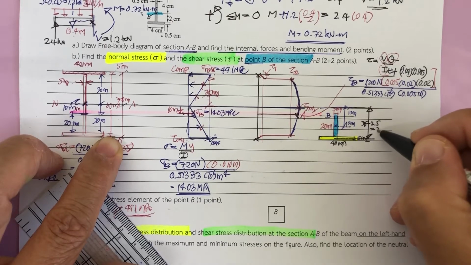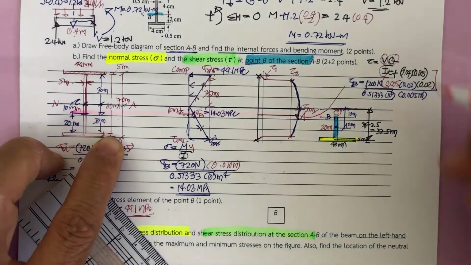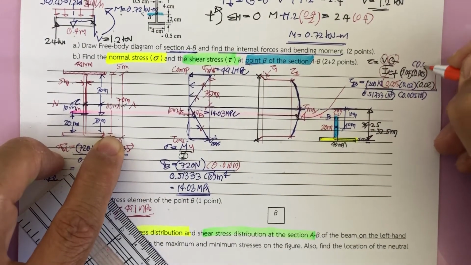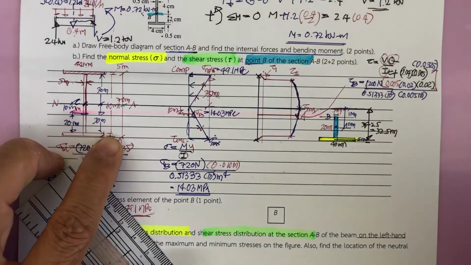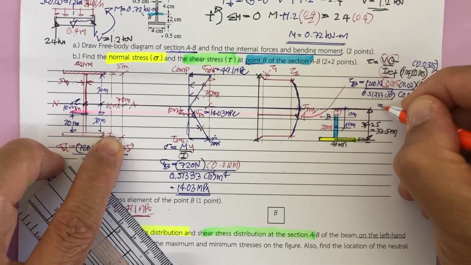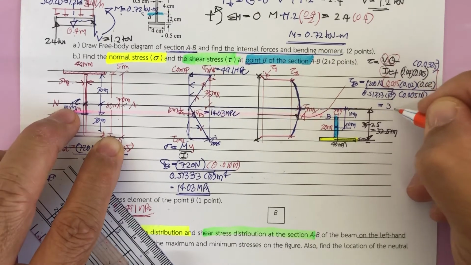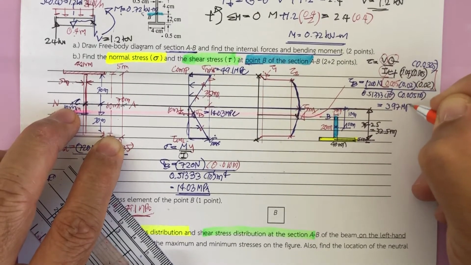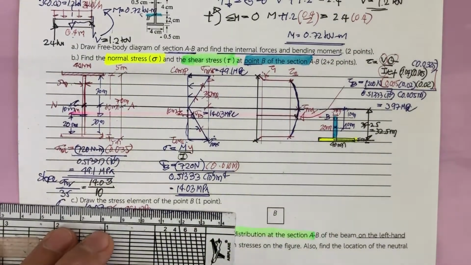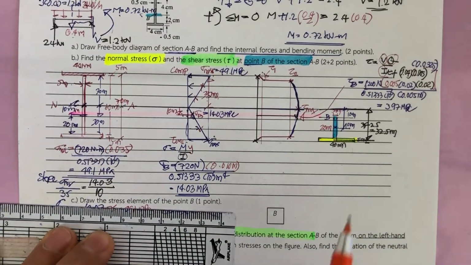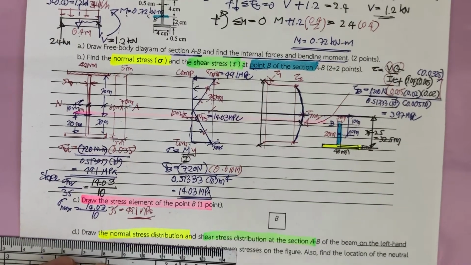Then this one is going to be 32.5 millimeter. So the last one, you're going to have 0.0325. And then you put this into the calculator. You're going to have tau sub B of 3.97 megapascal.